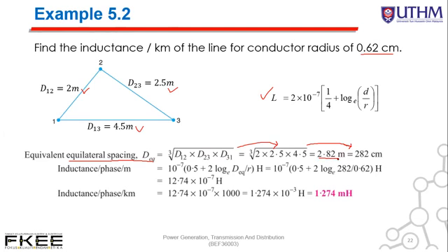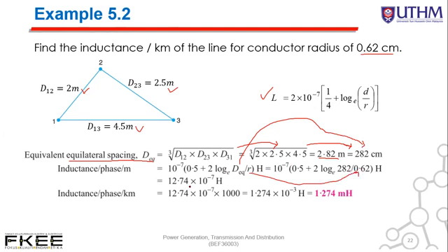To calculate the inductance per phase per meter, we can use the formula 10 to the power of -7 times (0.5 plus 2 log exponent of the equivalent distance divided by the radius r). The equivalent distance is from this one, and r is the radius given, 0.62.